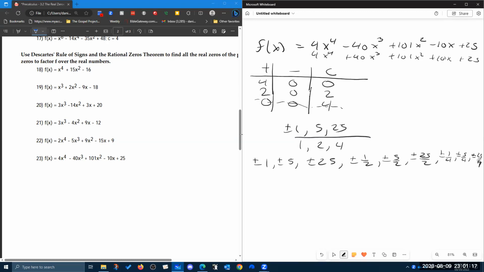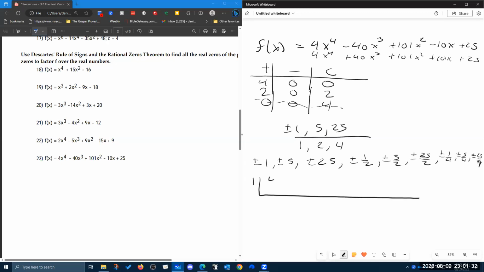Let's go ahead and start looking at positive answers here. They're possible. I'm going to start with these integer values before I go on to the fractions.